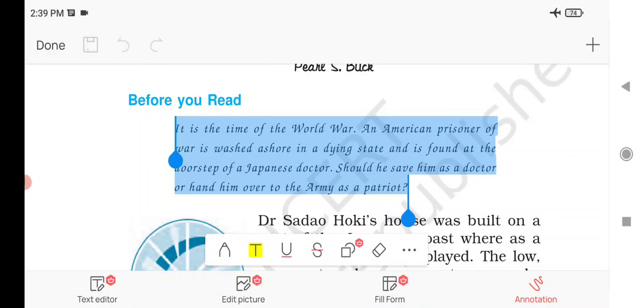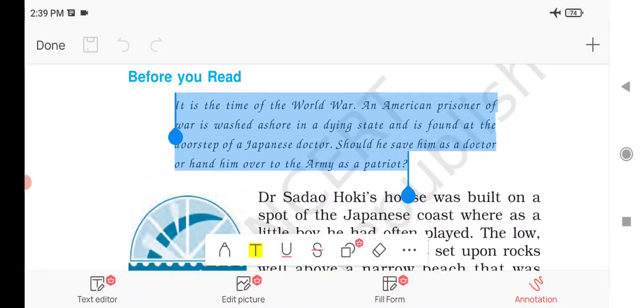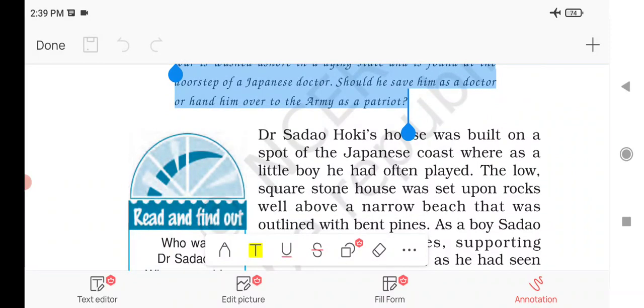Now Dr. Sadao is in a dilemma, in Hindi we say dharam sankat, right? He is in a dilemma whether to save him as a doctor or hand him over to the army as a patriot. So this will remain a question throughout the chapter. So what will he do? Let's find out. Right, children? I will be highlighting the text for you so that you can keep track of the chapter, and then I'll explain the chapter.